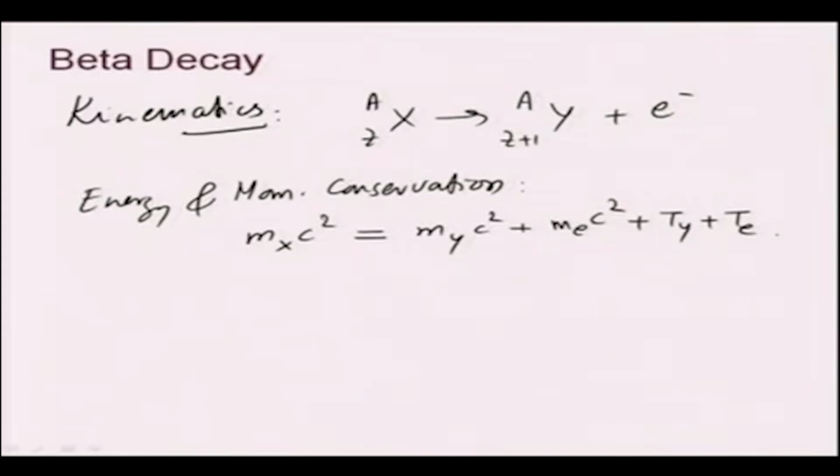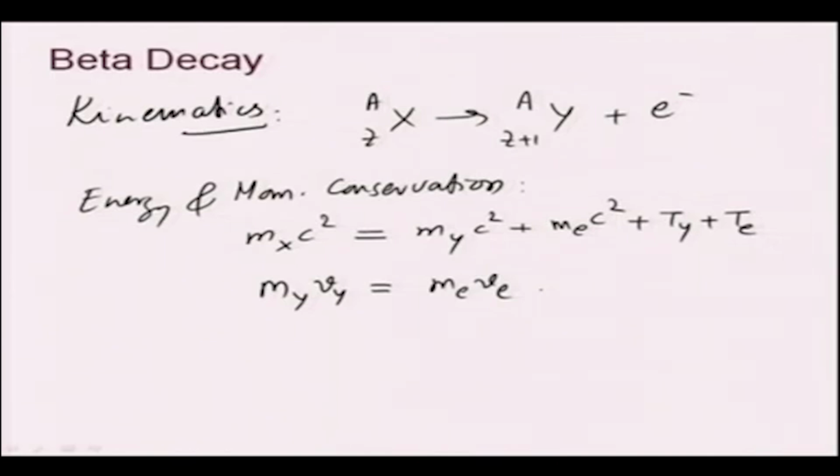And momentum conservation will tell that we have the x nucleus at rest, so there is no initial momentum, and the final momentum will be like m v_y, the magnitude of the momentum, is equal to m_e v_e, the magnitude of the other momentum.